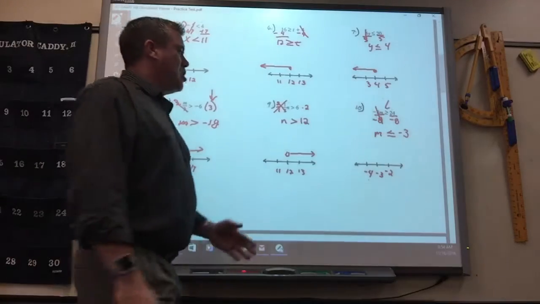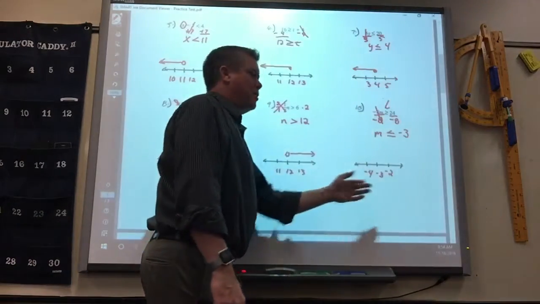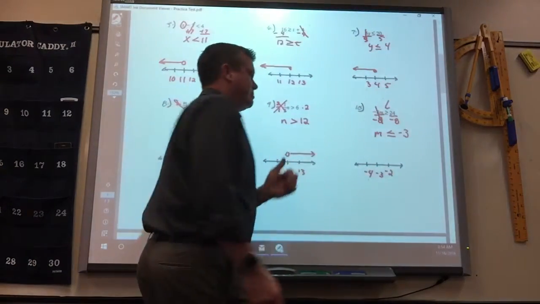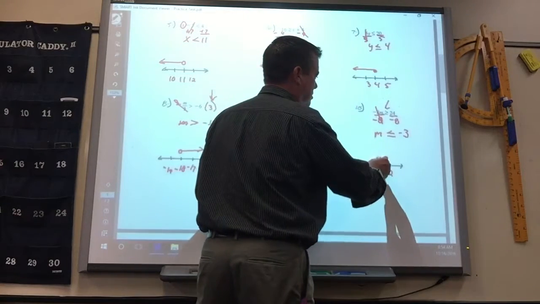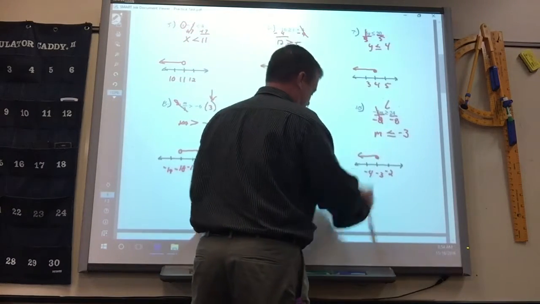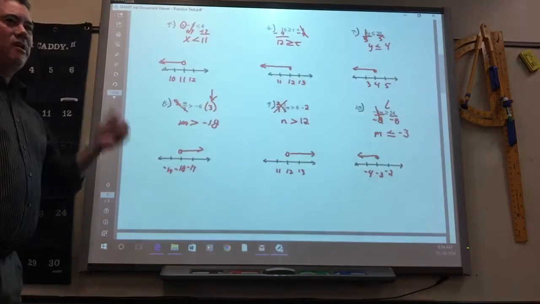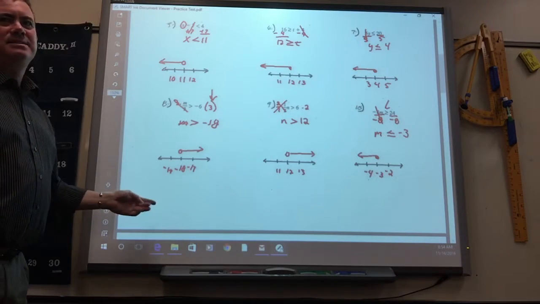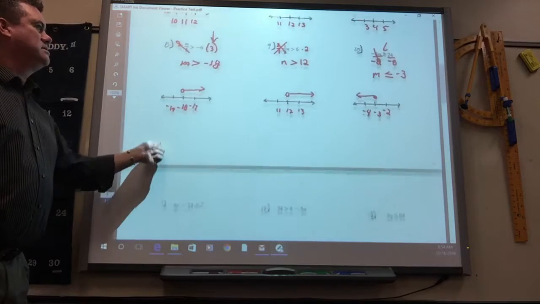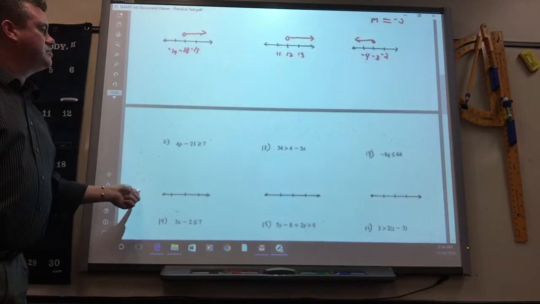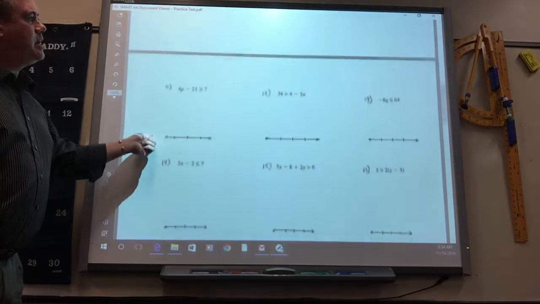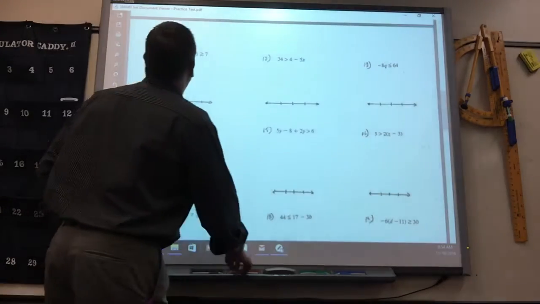Okay. So remember on your negatives, put it backwards, -2, -3, -4. Filled in circle, M is less than, so it goes to the left. Okay, then here we have some 2-step problems.